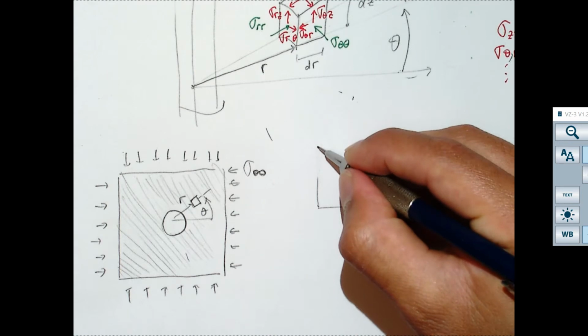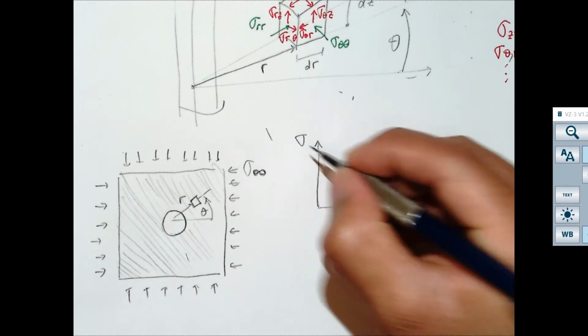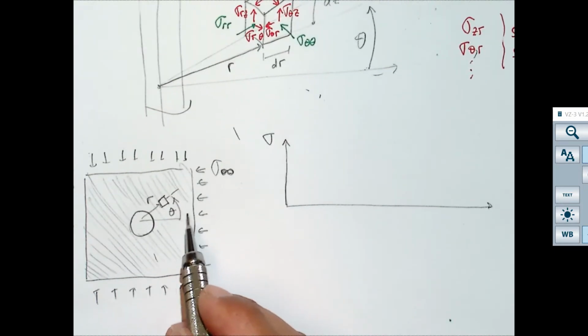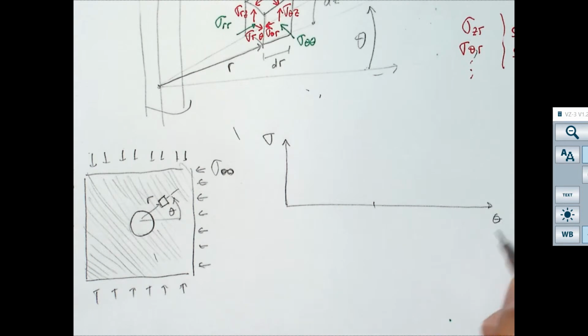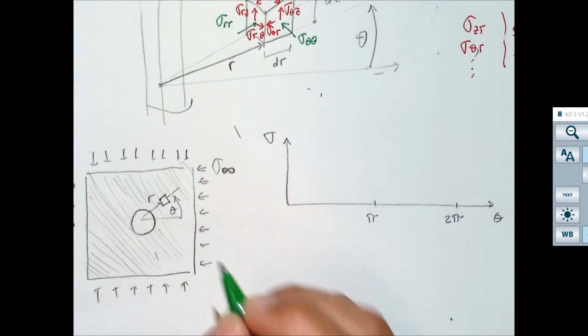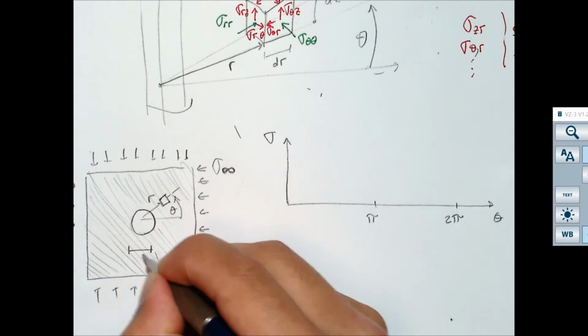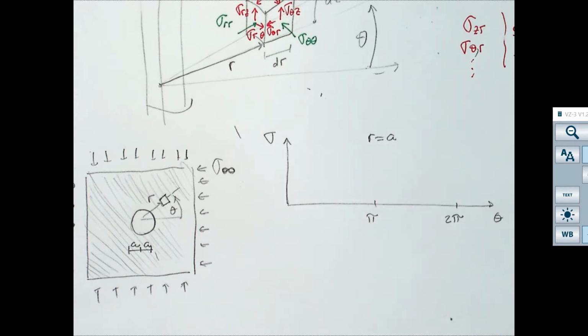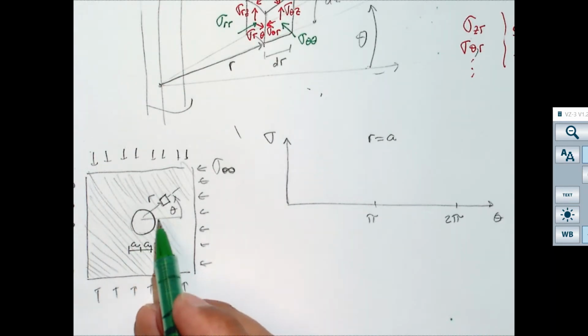The radial stress. Let me be more precise. I want to tell you what the stress is as a function of theta, where this is pi and this is 2 pi. The radial stress here at, and let me add one more thing, the radius, I'm going to call it A, at the wall of the wellbore is going to be 0, because there is nothing acting on the wall of the wellbore.